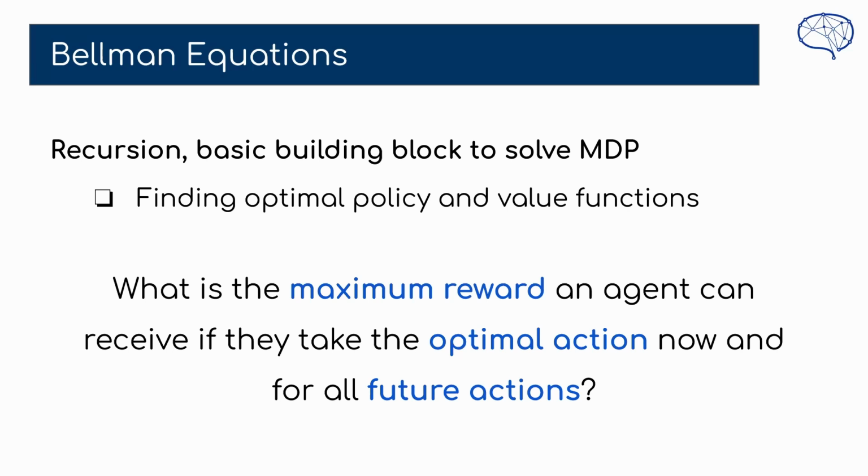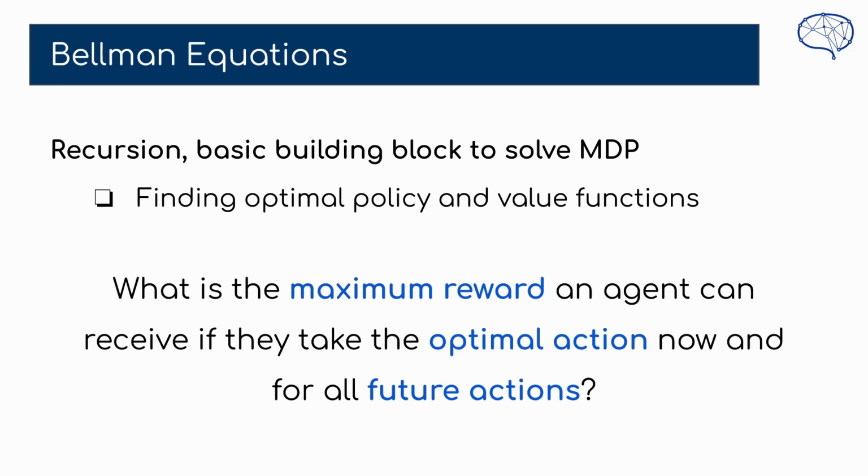So for this one, are we considering the discount factor to be 0? Because you said optimal action now, right? So we're trying to optimize it. We'll get into that a little bit later. But that is a design choice. It's a hyperparameter which you can tune to see how well your agent will perform.